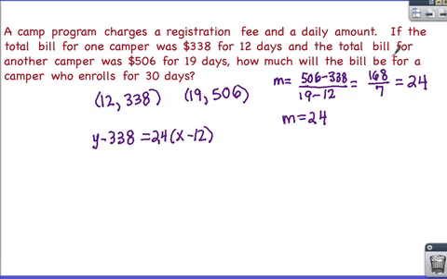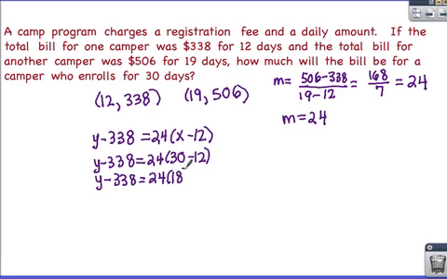Now the question is, how much will the bill be for a camper who enrolls for 30 days? That means 30 is our input, or x-coordinate. So we can plug in 30 for x and solve for y. 24 times 18 is 432.